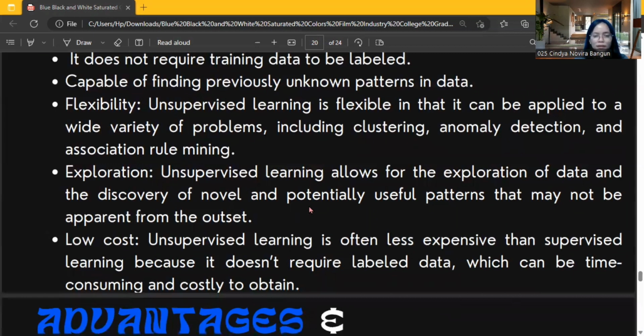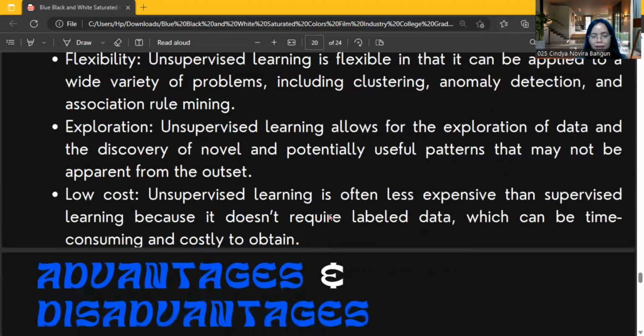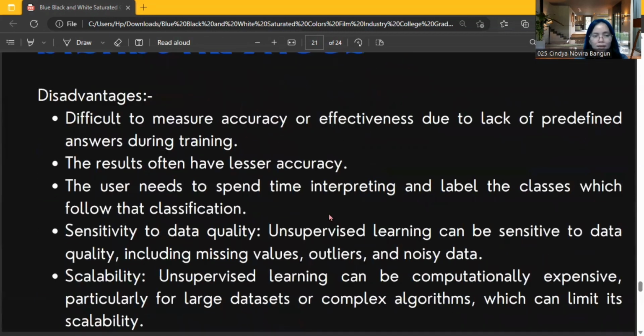5. Unsupervised learning is often less expensive than supervised learning because it doesn't require labeled data, which can be time-consuming and costly to obtain. Disadvantages: 1. Difficult to measure accuracy or effectiveness due to lack of predefined answers during training. 2.